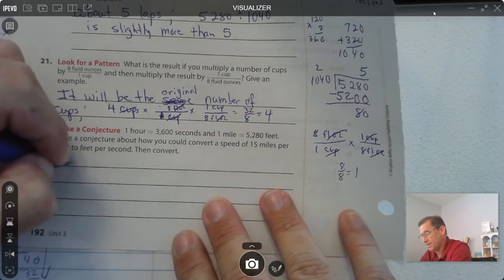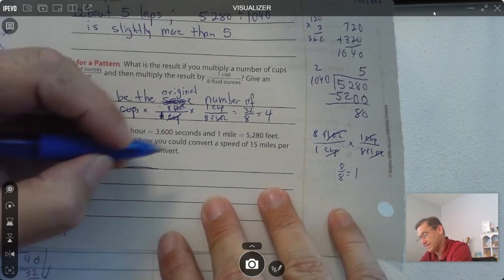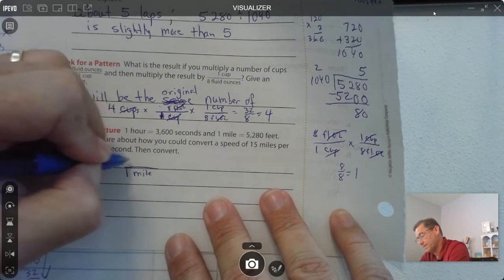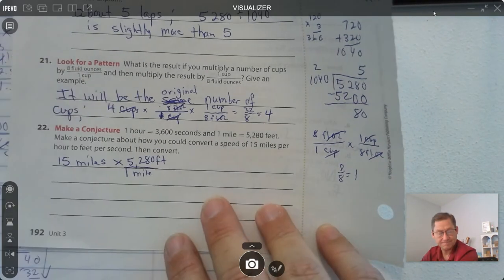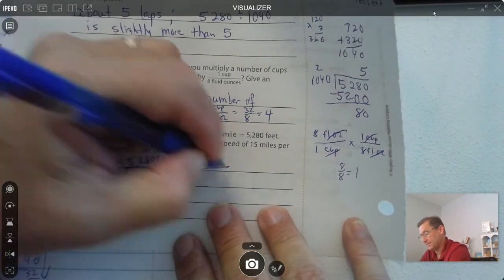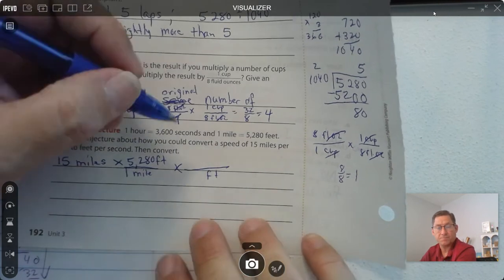Let's see, 15 miles times, let's say 1 mile, it's the same as 5,280 feet times some number of seconds per feet.